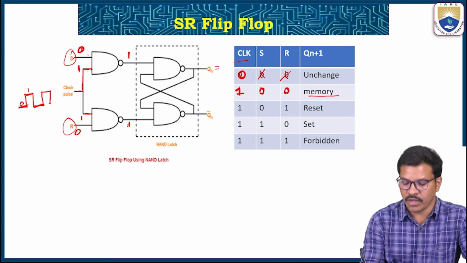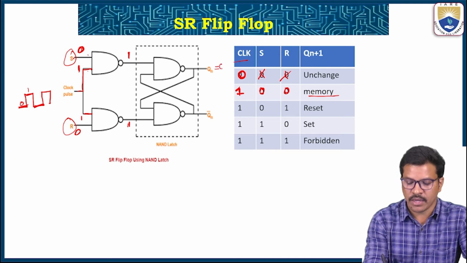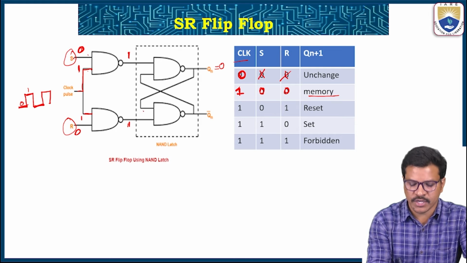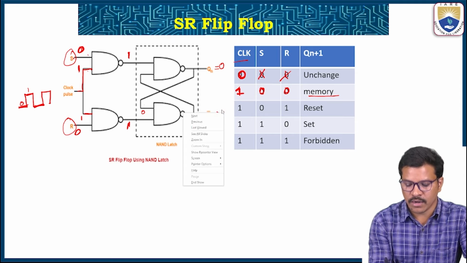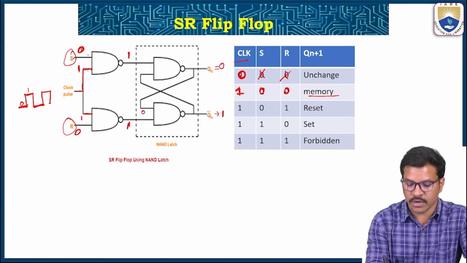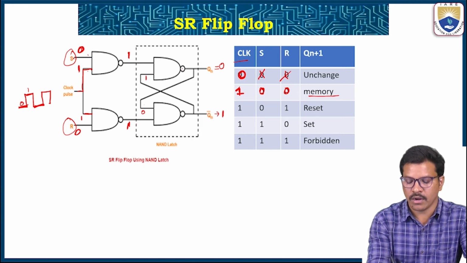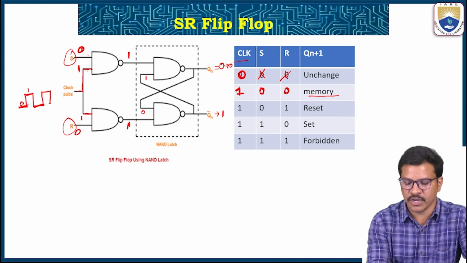Just to check, we assume that, for example, initially Q is 0, and we already have 1 1 here. So 0 into 1 output is 1, and that 1 is available here, 1 into 1 and bar is nothing but 0, so we get 0. So initially we assume 0, we get 0.